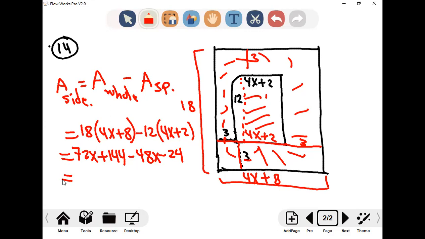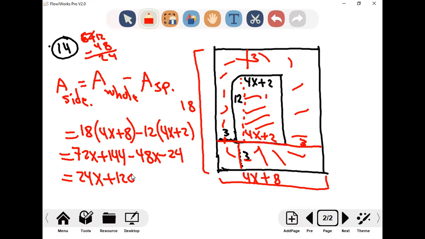We are subtracting, 72 minus 48 is 24. So 24x. Then 144 minus 24 is 120. So 24x plus 120. Now you need to factor it.